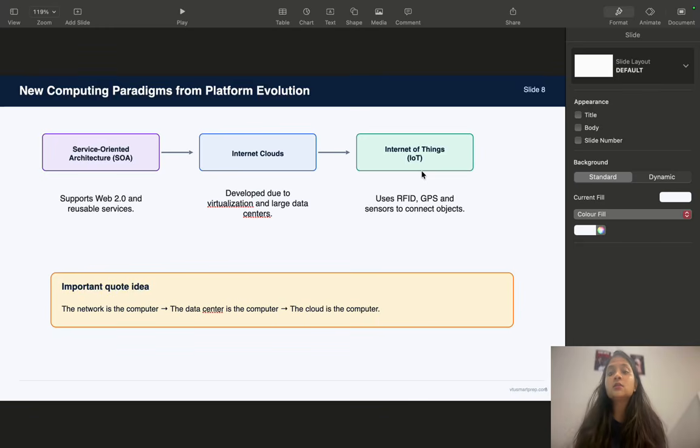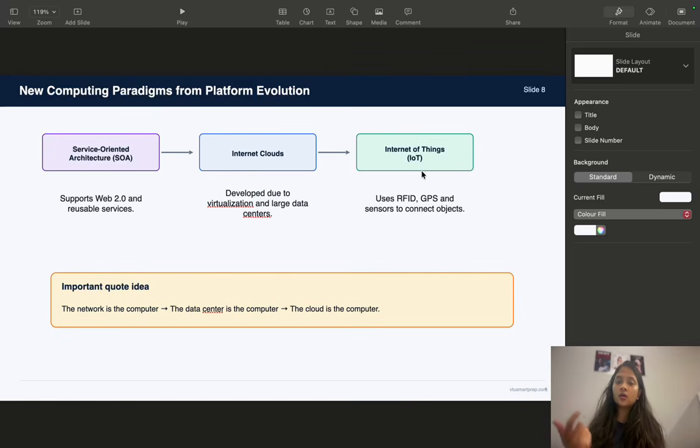IoT uses technologies like RFID, GPS, and sensors to connect real world objects to the internet. Here you can at least remember GPS and sensors. These two words are very easy to remember. When we talk about IoT, everyone remembers the keyword GPS.